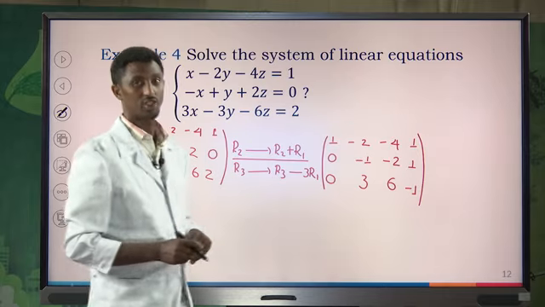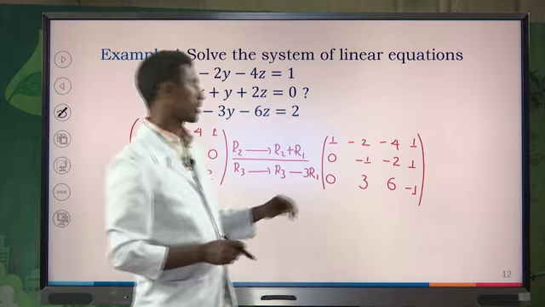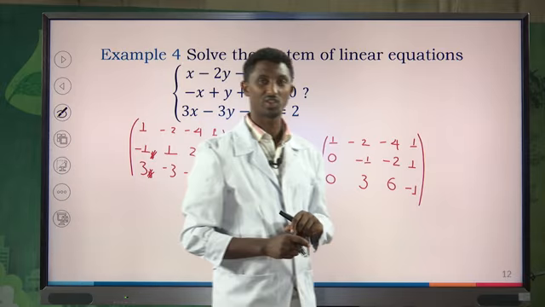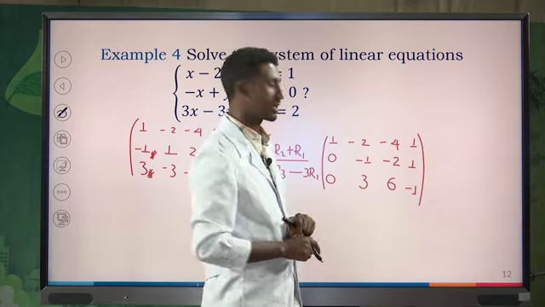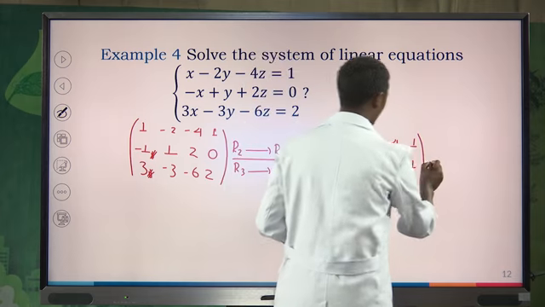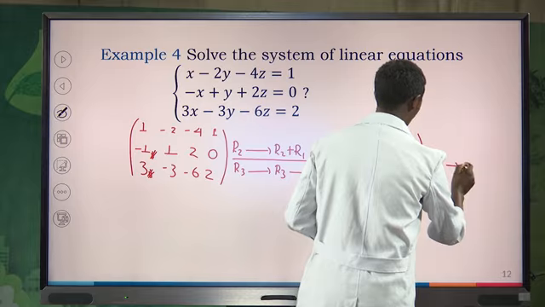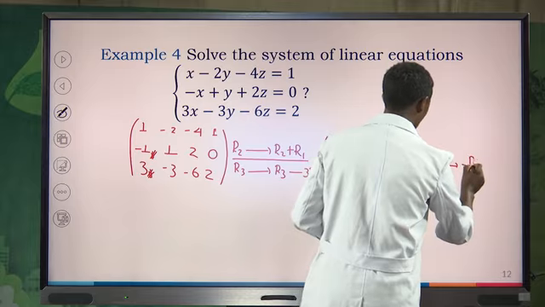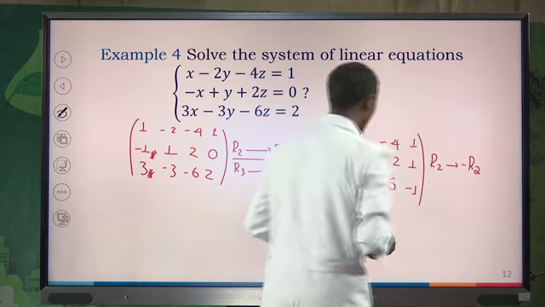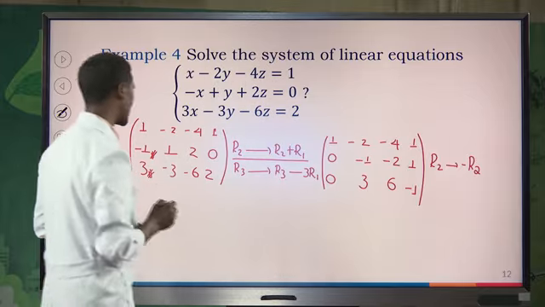Now to change into row echelon form, the leading entry of the second row must be 1. So let's multiply the second row by minus 1. So R2 will be replaced by minus R2. The other rows will be copied as they are.